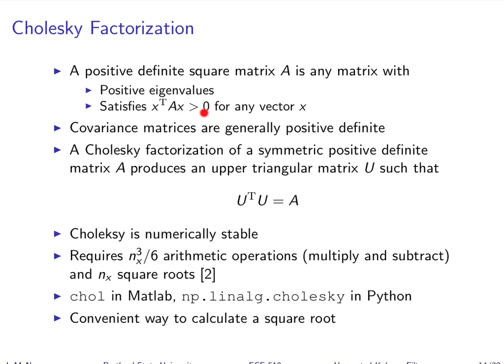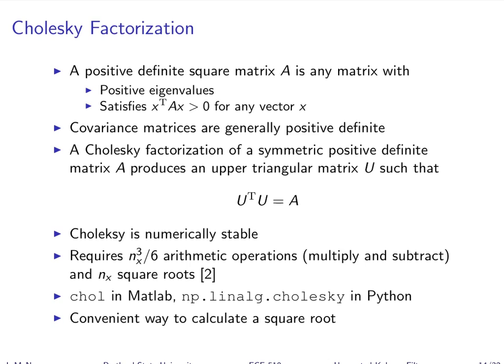If it satisfies this property, that for any vector x, if you take a matrix inner product where you sandwich the matrix in between the transpose of x and x, and that's always greater than 0, then it's also positive definite. It turns out there are some other really cool, interesting properties that relate to power spectral density, but I'll spare you for now because it's not relevant to this.